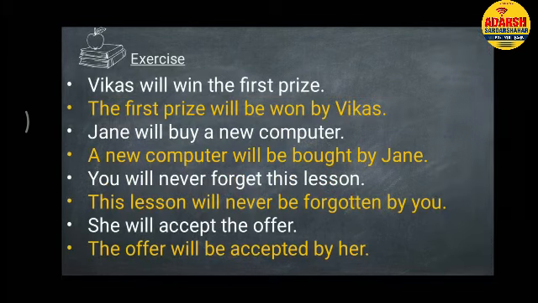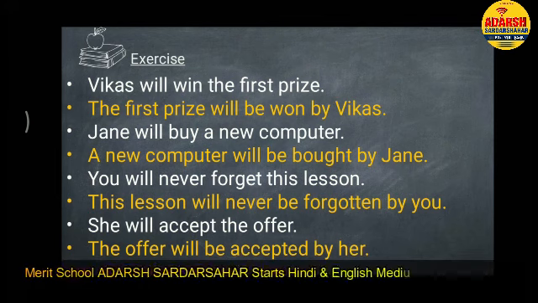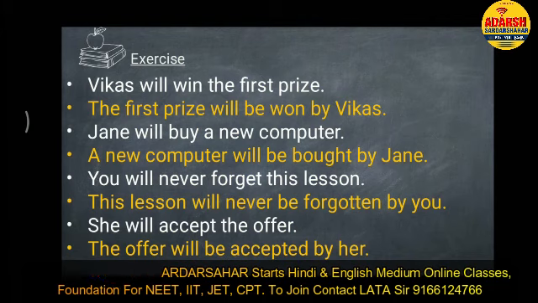First sentence. Vikas will win the first prize. This sentence is also of future simple. Now here you can see it's passive, which is: the first prize will be won by Vikas. So what did we do here? We put our object, the first prize, in the place of our subject, and our subject Vikas in the place of our object at the end, and we also put by before our subject.